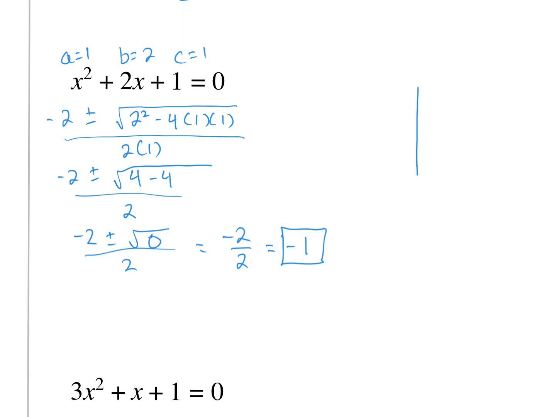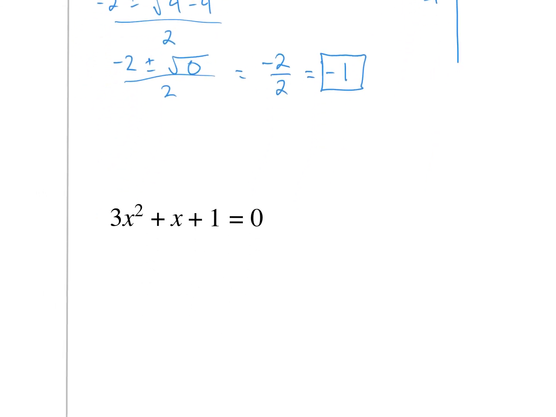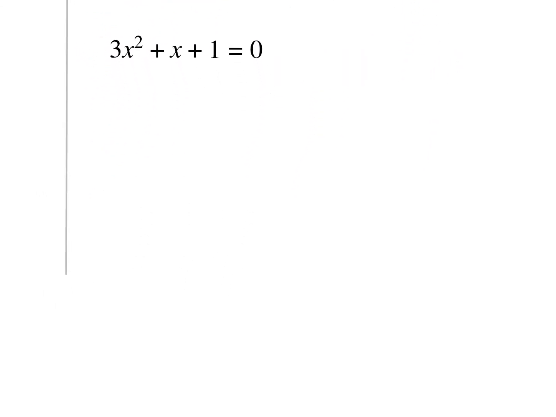And in a graph, our parabola is here, and it just touches right there at negative 1. So that is why we only have one answer and not normally two, because if you graphed it, it would be right there. Let's do one more example.